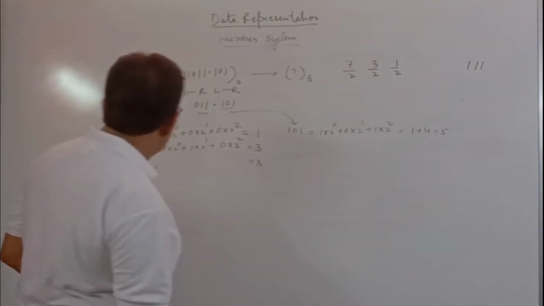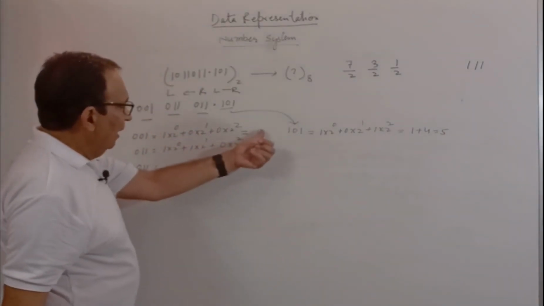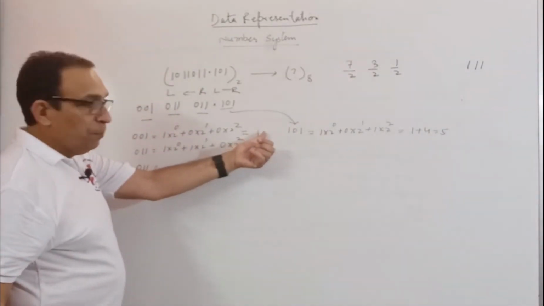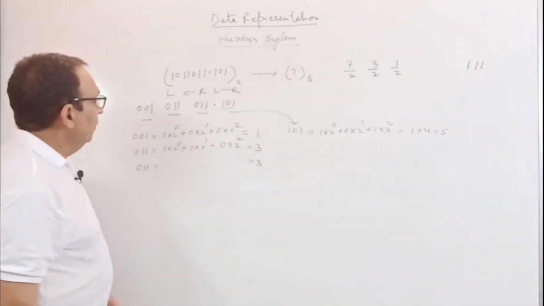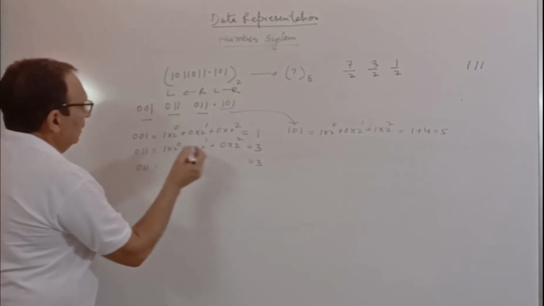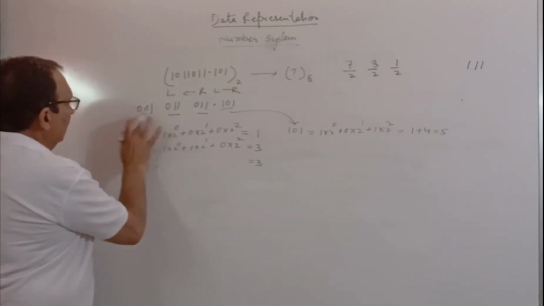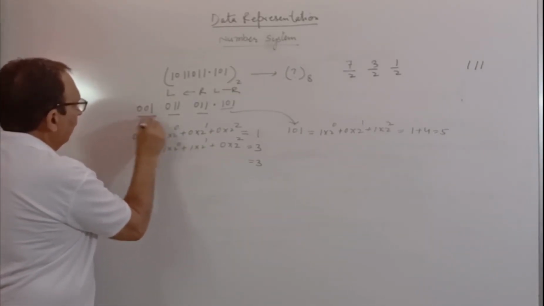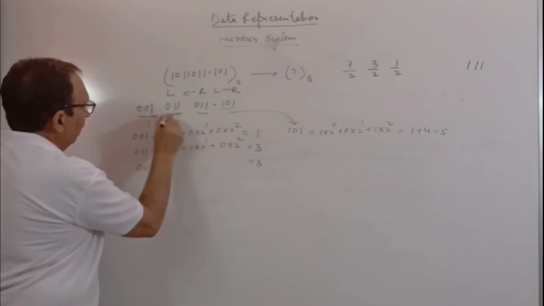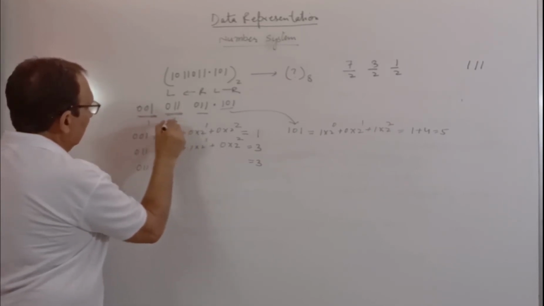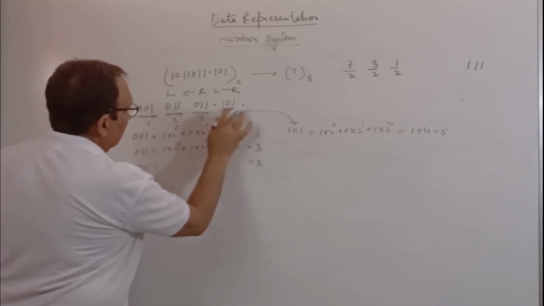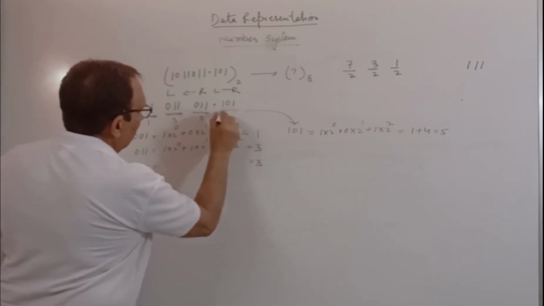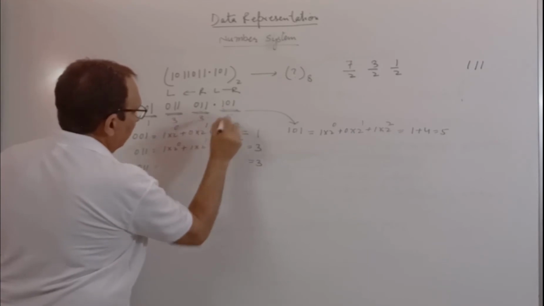Now what we do? Write the respective octal number under the groups. Respective groups means this 1 is to be written here and this 3 is to be written here, the same way 3 here and here too. I have to write 5.